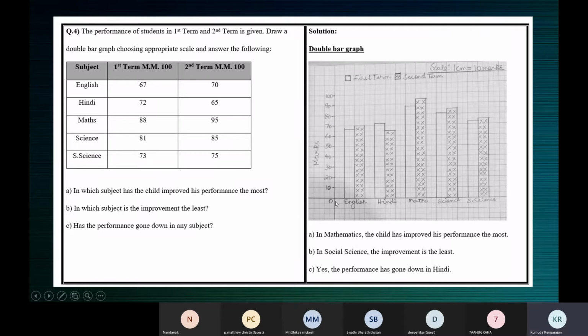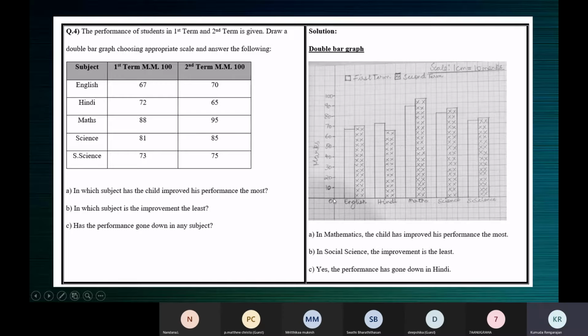So for English, you must show one bar to a height of 67 and another bar to a height of 70. Since both bars are of English, they must stick to each other like this. Thank you, ma'am. Welcome.